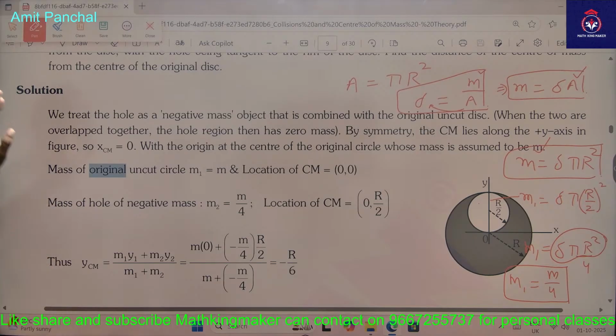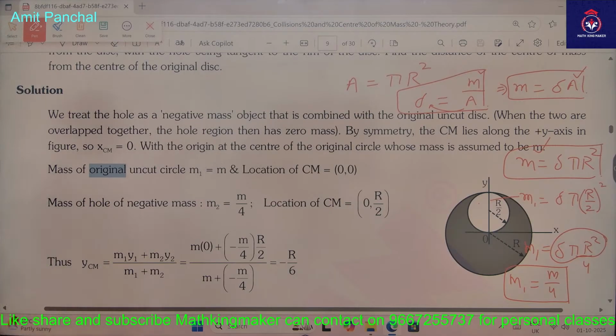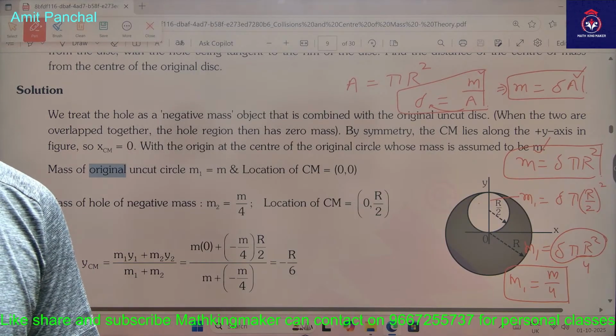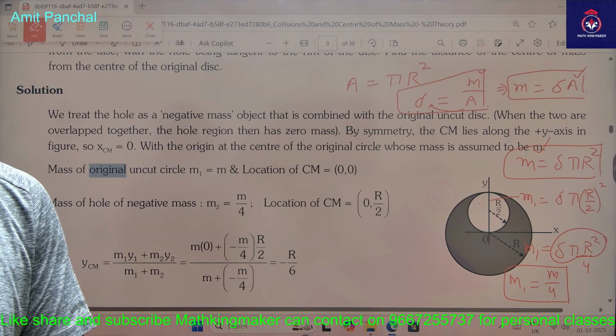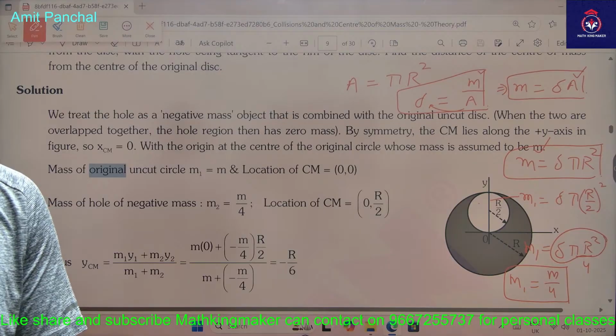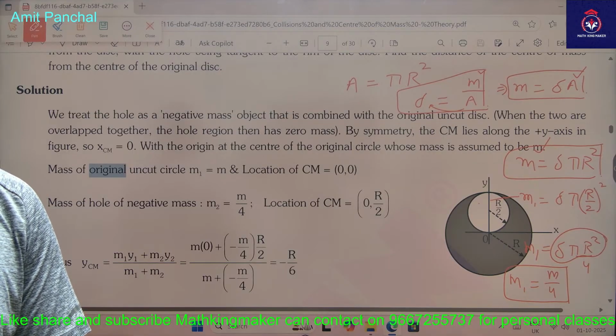No. Okay. Just tell me one thing. Are you doing the question or just seeing the question in the book? No, sir. I'm solving every question. Why are you solving on the book only? You just see the question and solve it on the paper, not on the book.